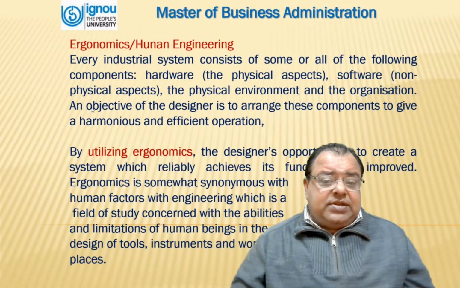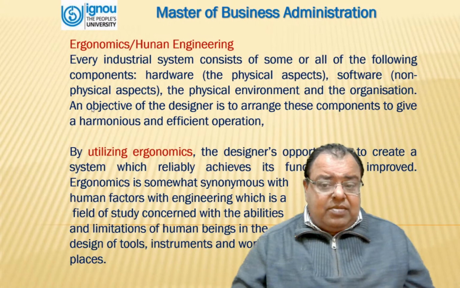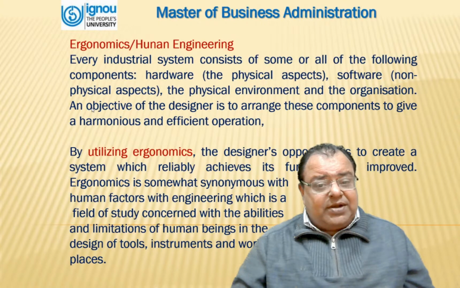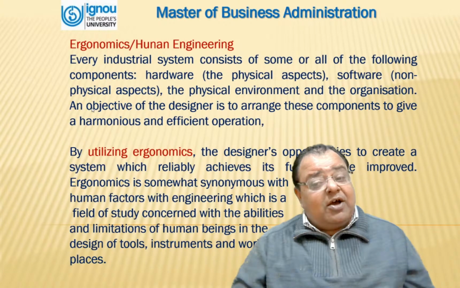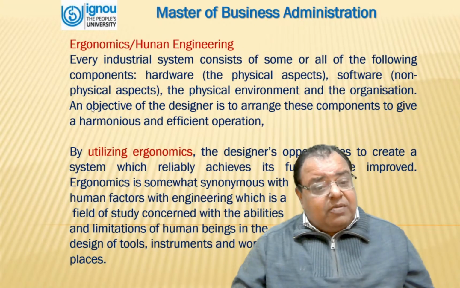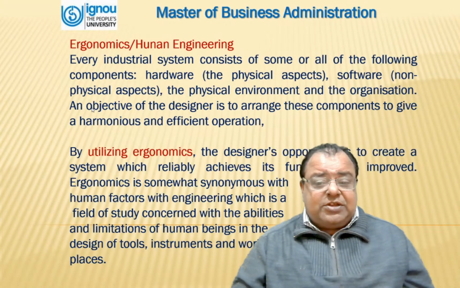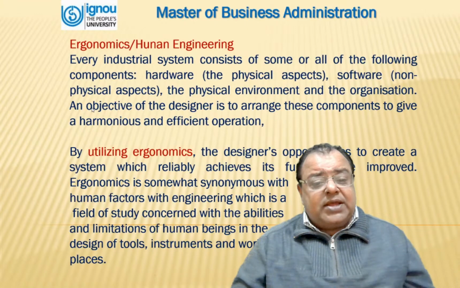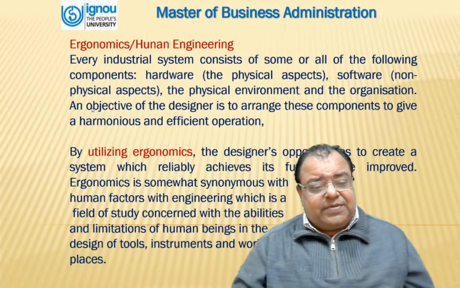Every industrial system consists of some or all the following components. That is, hardware, the physical aspect, software, the non physical aspect, the physical environment, and the organization. An objective of the designer is to arrange these components to give a harmonious and efficient operation.